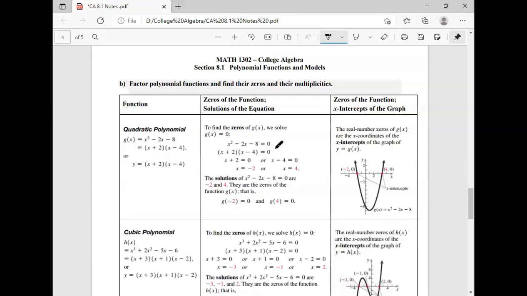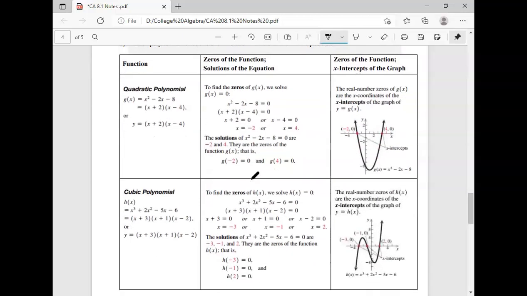So we have already talked a lot about if you have a quadratic polynomial, that if you factor it, you can find your zeros. And so what they're telling us is that they took x squared minus 2x minus 8, they factored it, and then they solved x plus 2 is equal to 0, and they got -2.